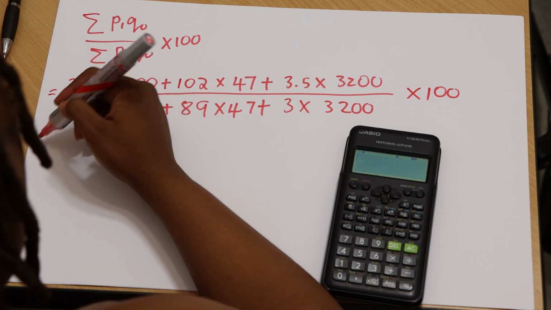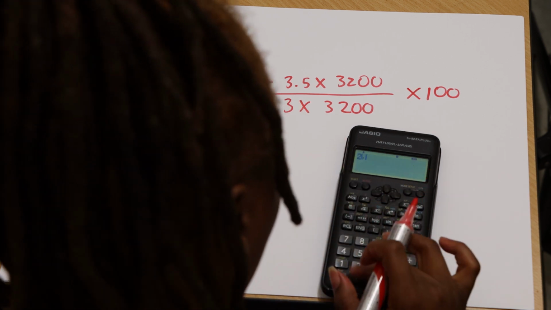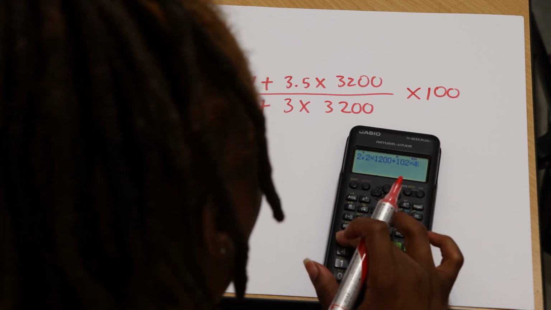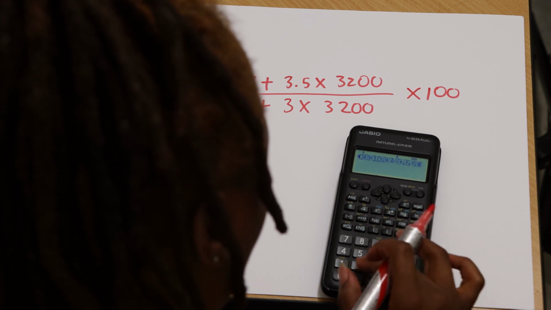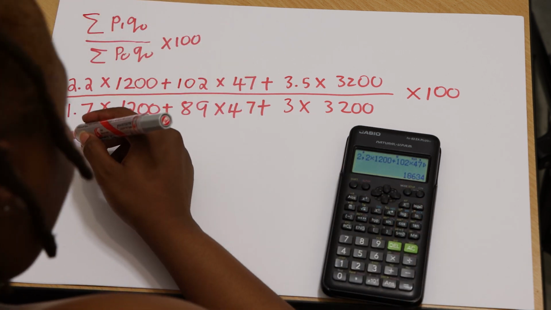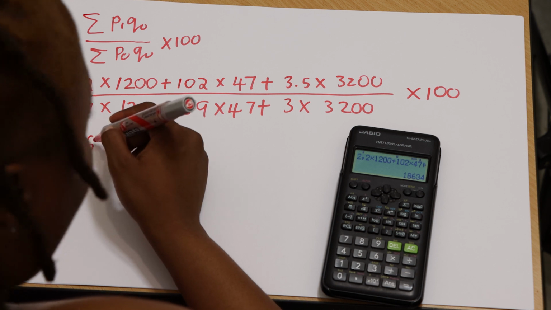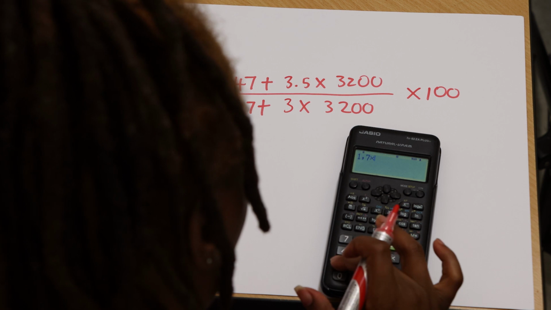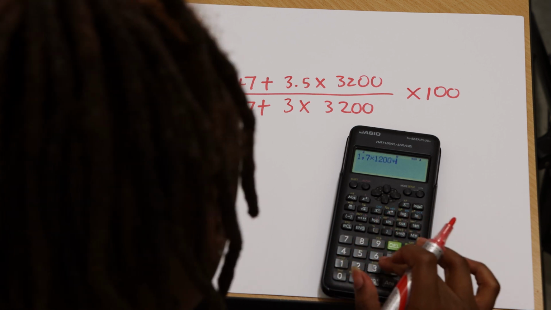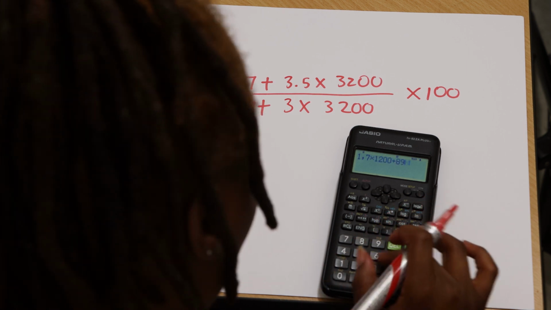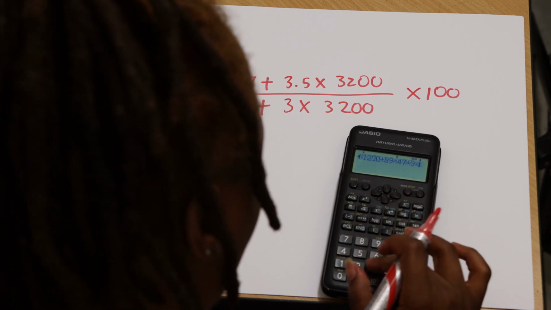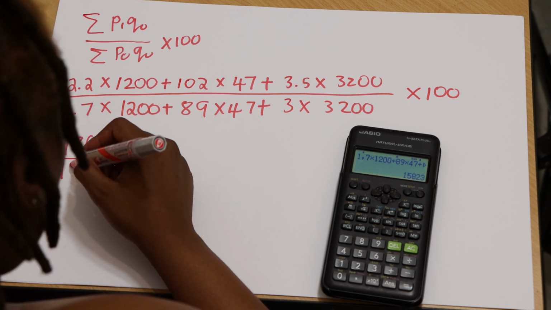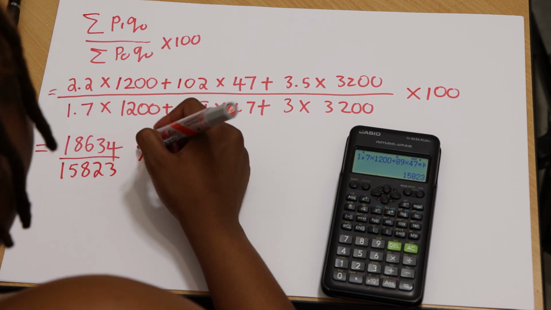And then let's write this in simplified form. 2.2 times 1200 plus 102 times 47 plus 3.5 times 3200 gives 18,634. Then the denominator, 1.7 times 1200 plus 89 times 47 plus 3 times 3200, gives 15,823.